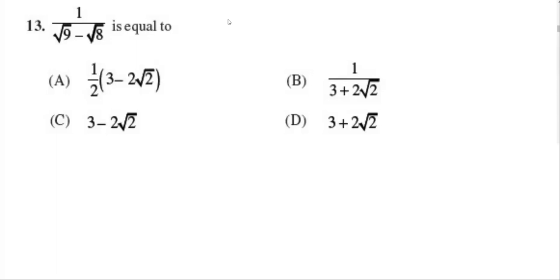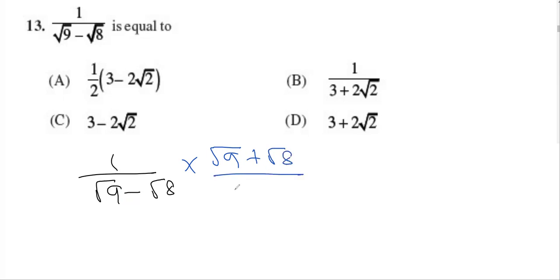So when I see the question, our question is in the form of 1 over a minus b. In such a case, as I explained in the previous part, if it is in the form of a minus b, we should multiply and divide by a plus b. That is under root 9 plus under root 8.